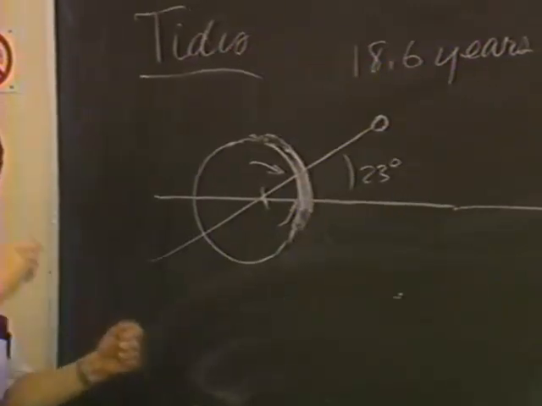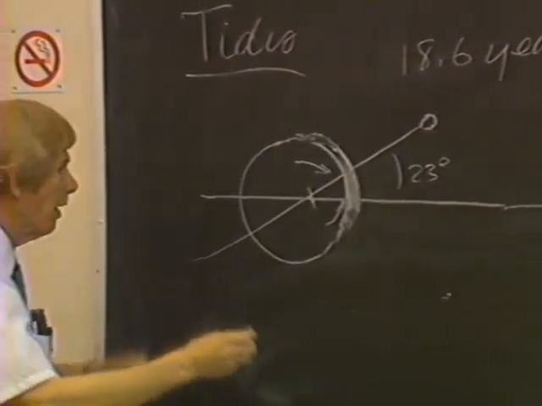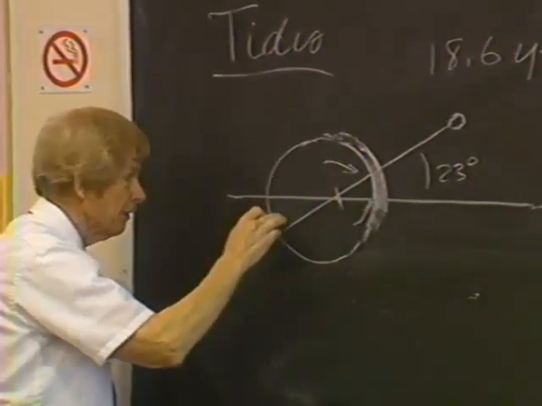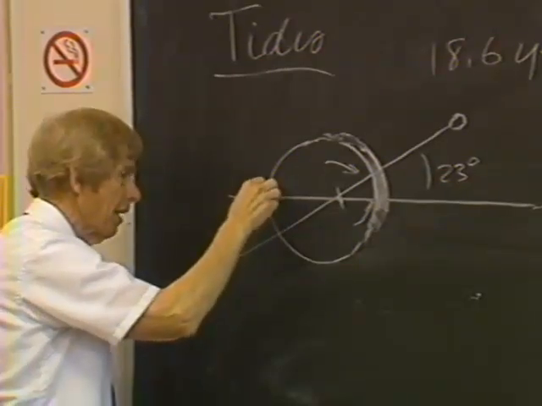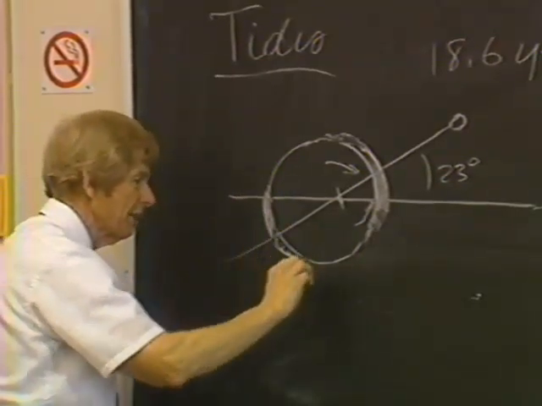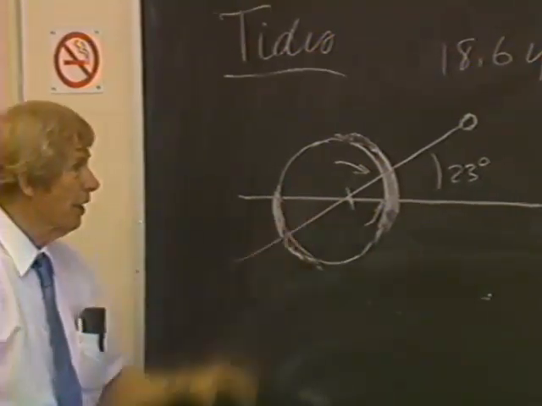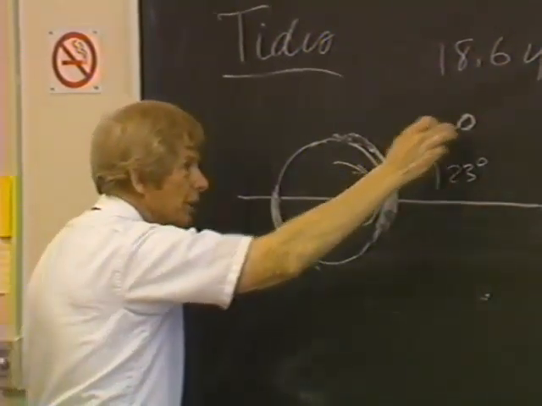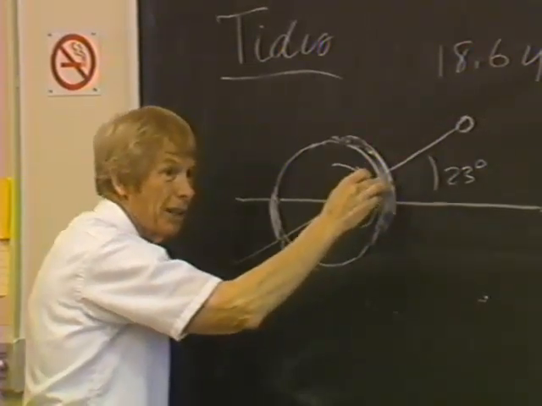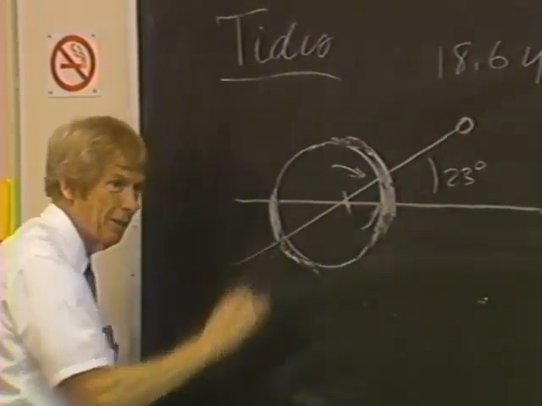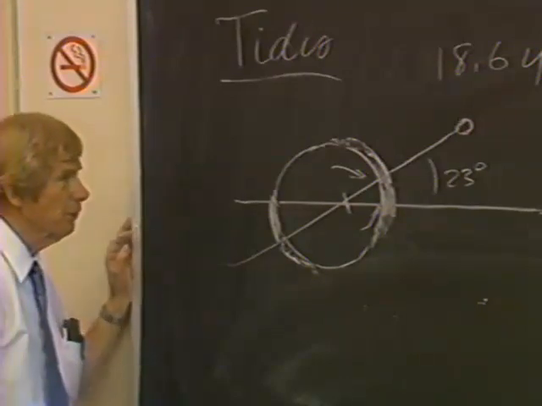And of course, the fact that they're rotating about each other produces a centrifugal force on the opposite side. So there's actually a bulge on the far side at the same time. Because the Moon is closer to this side, the bulge on this side is greater than the bulge on this side. But they're both comparable bulges.